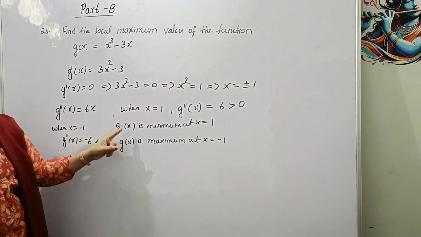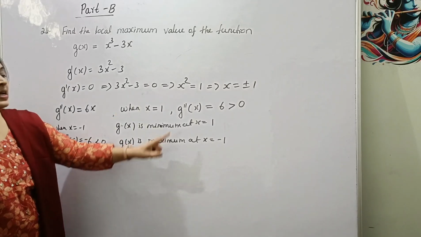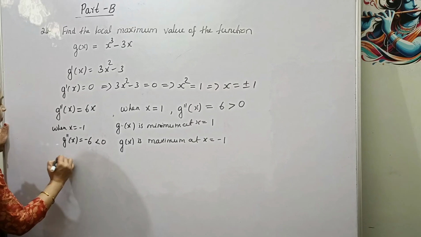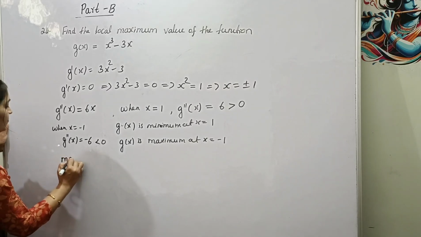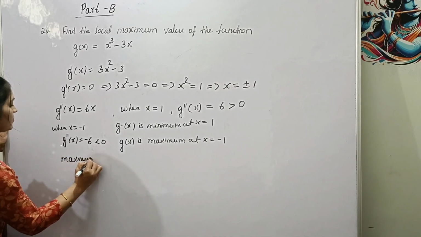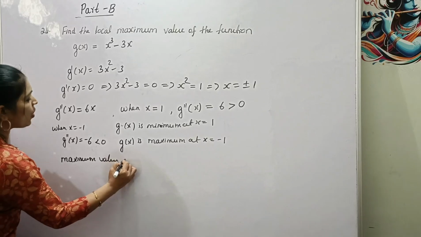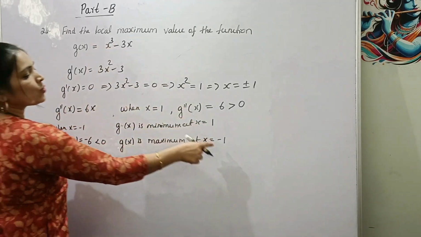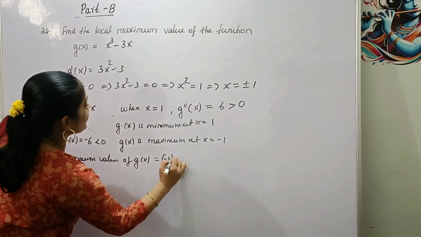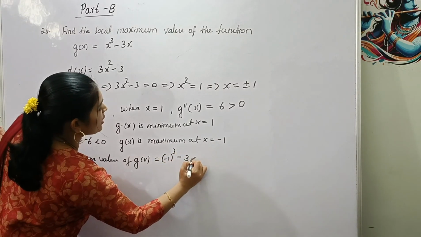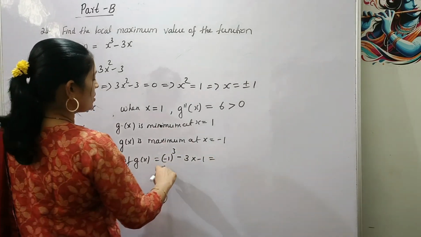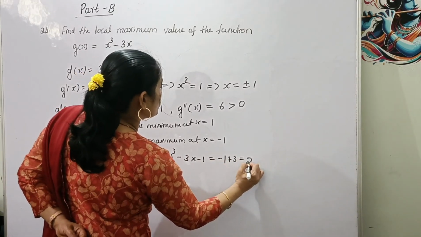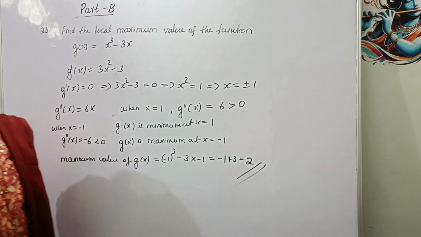Therefore, maximum value of g of x is equal to, substitute x is equal to minus 1. So minus 1 cube minus 3 into minus 1, that is equal to minus 1 plus 3, that is equal to 2. So 2 is the answer.